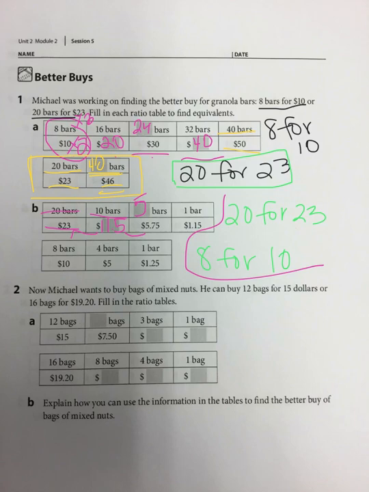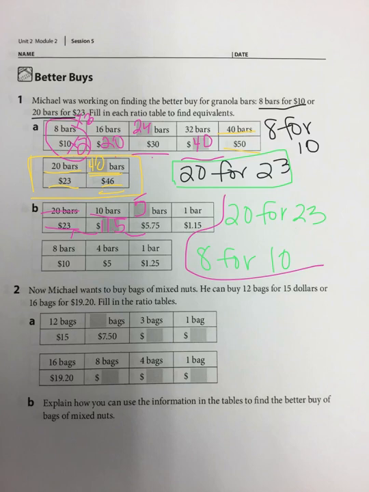What I would like for you to do now is answer number 2. You're going to be looking for patterns. This time Micah wants to buy a bag of mixed nuts. He can buy 12 bags for $15 or 16 bags for $19.20. It's going to ask you to fill in the ratio tables again.